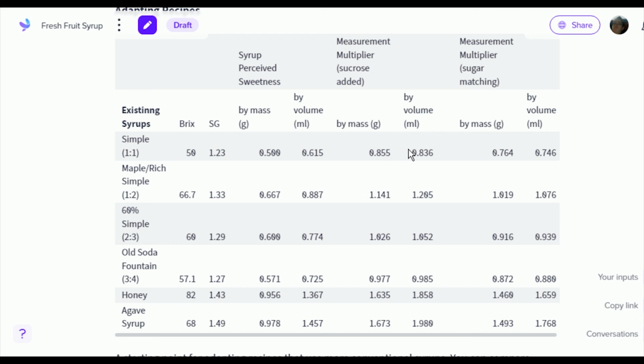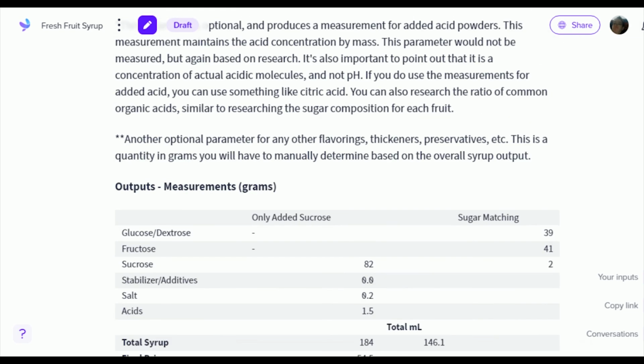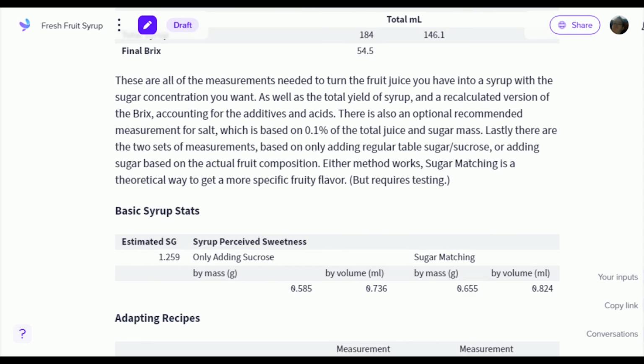Whereas obviously this syrup is not as sweet as maple syrup or rich simple syrup, so we would actually need slightly more of this hypothetical blueberry syrup if we were swapping it into a recipe.